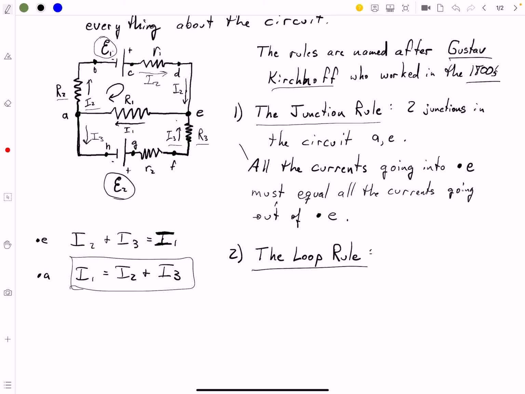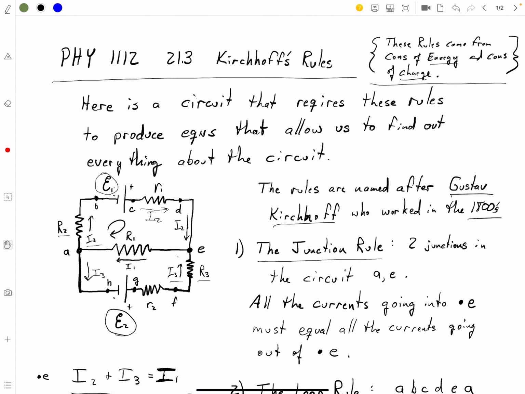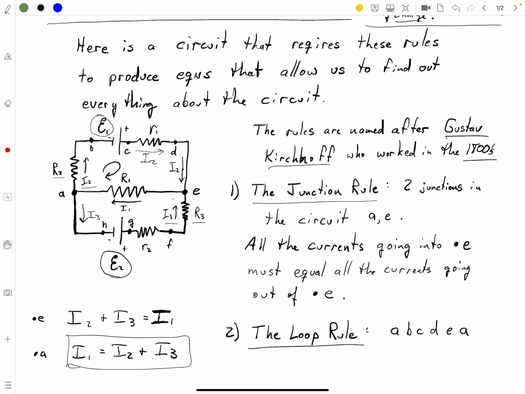All right, the loop rule. We're going to be doing a loop of A to B to C to D to E and then back to A. First of all, when I was talking about conservation of energy and conservation of charge, the junction rule comes from the conservation of charge, because all the charges flowing into a certain point have to be equal to the charges flowing out.